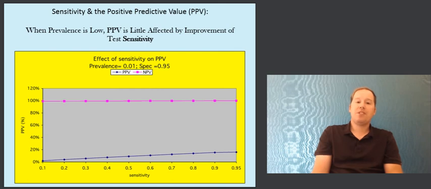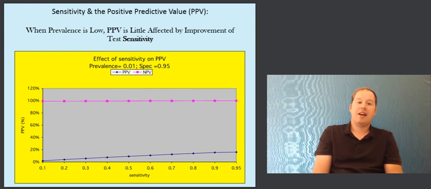What we see from this is that PPV is not really affected by the accuracy of a test, either the sensitivity or the specificity of it. When you have a low prevalence, here's a scenario, ignore the pink line, just look at the blue line below, where the prevalence is 0.01%. We notice that when the prevalence is low, the PPV is really not affected by the test's sensitivity.